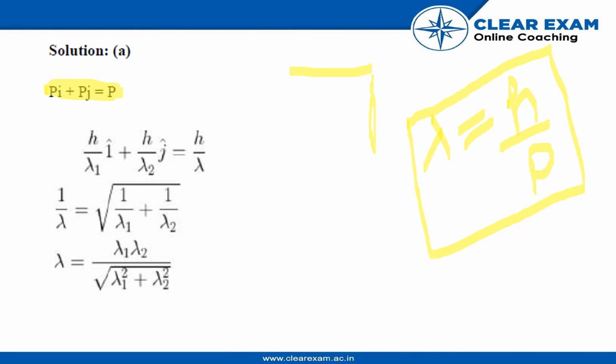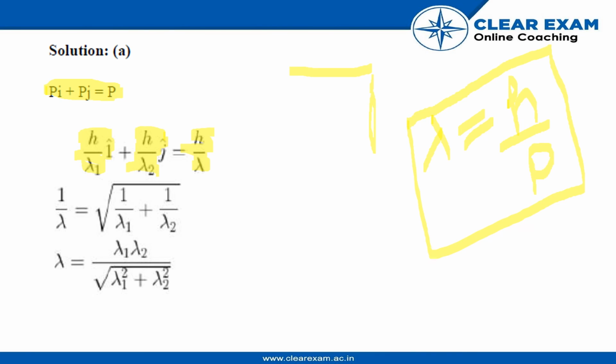So using this formula, p is equal to h upon lambda. For the first particle it is lambda 1, for the second it is lambda 2. So h upon lambda 1 I cap, where I cap represents direction, and J cap also depicts direction. Particle 2 momentum is h upon lambda 2, and on the right h upon lambda, where lambda is the total de Broglie wavelength of the system after collision.